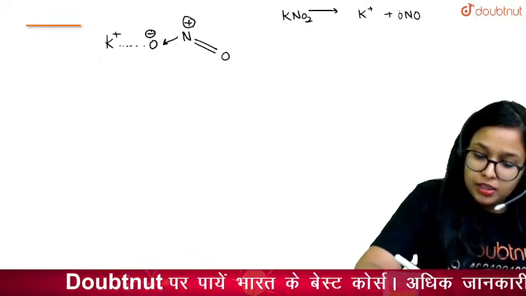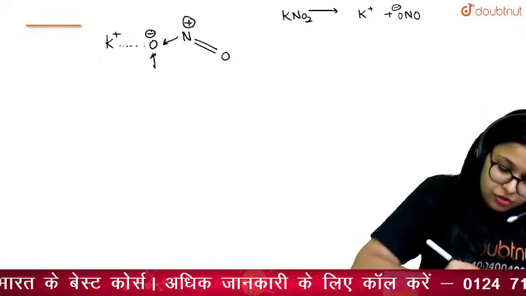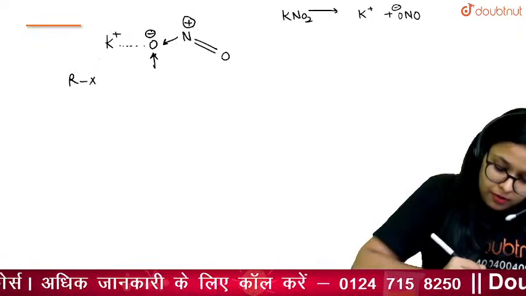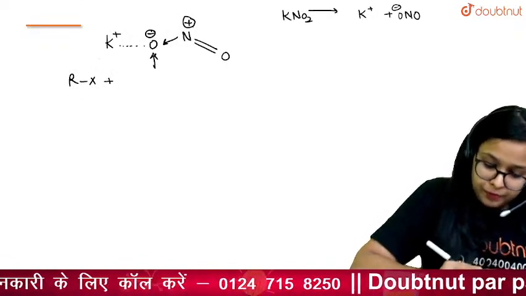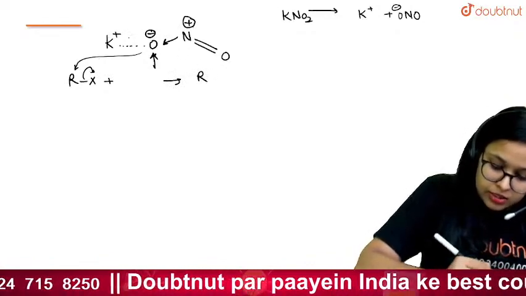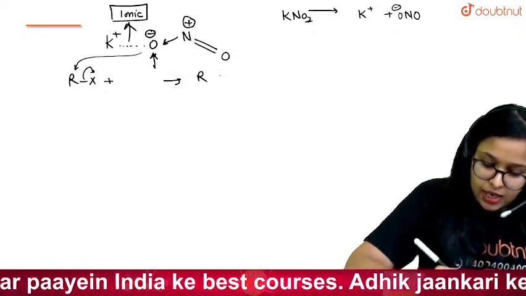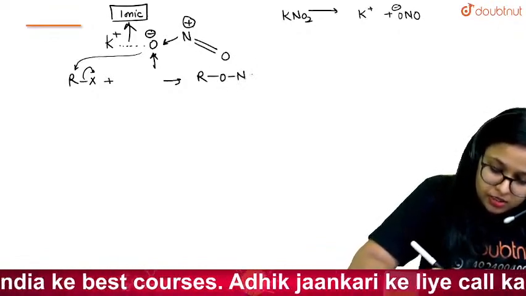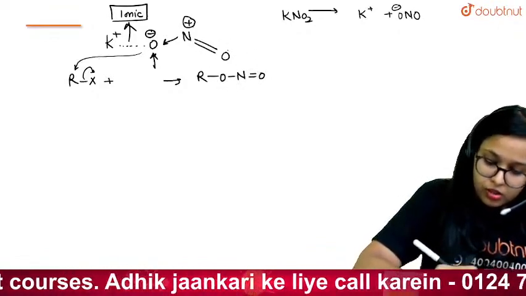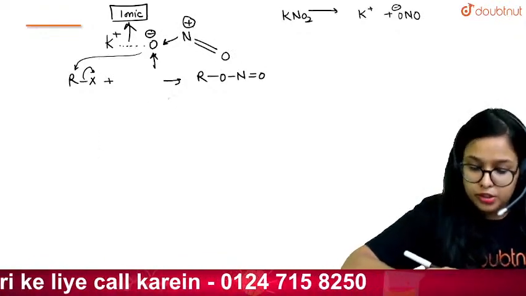Remember that the negative charge is on the oxygen, so whenever our RX is reacted with KNO2, O minus attacks and X minus is released. This bond is the ionic bond. It can ionize easily, and hence the attack takes place from your oxygen, right? So RONO is formed.